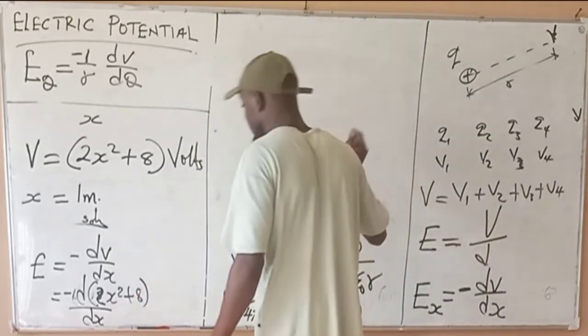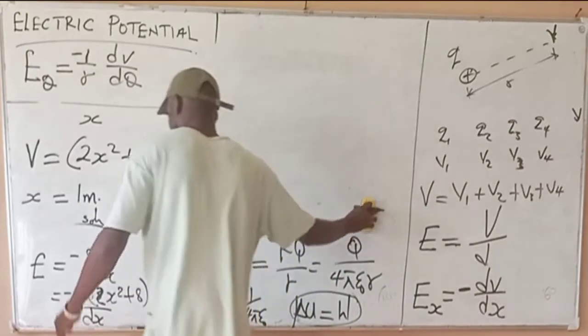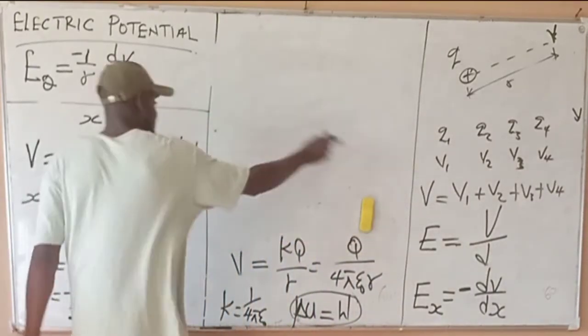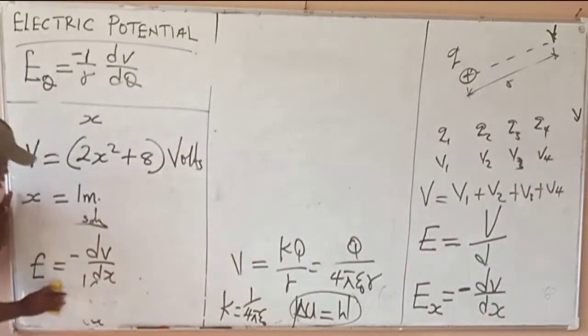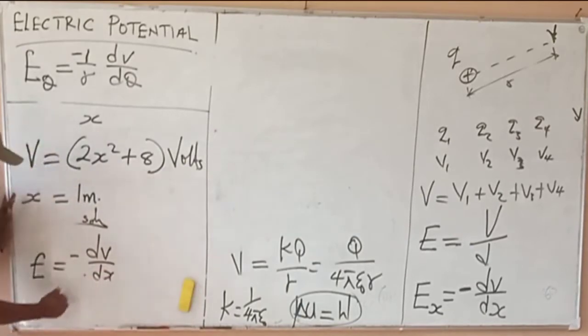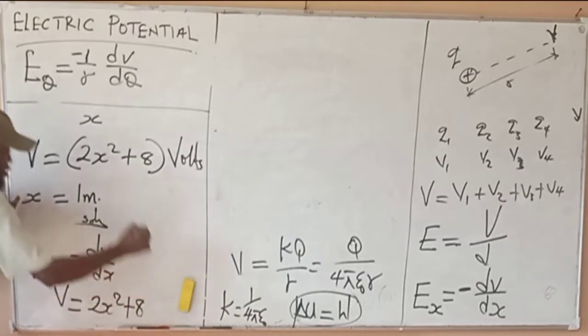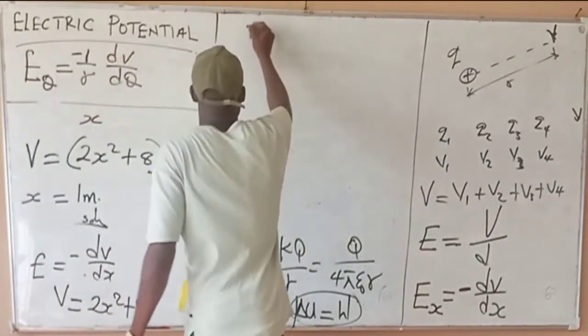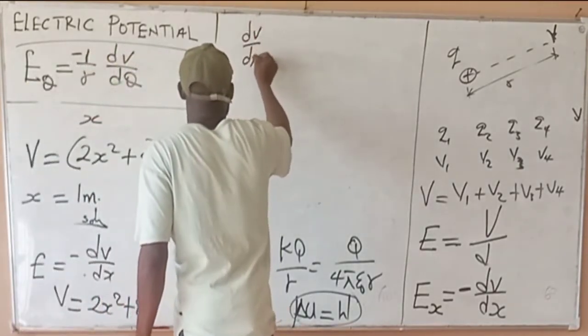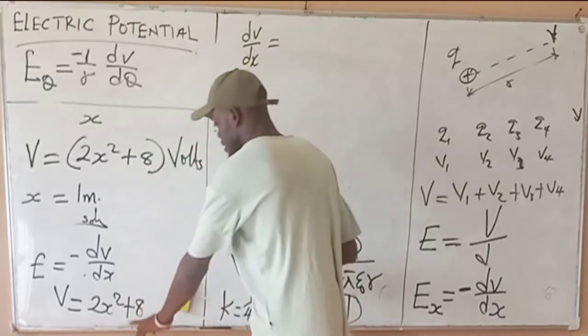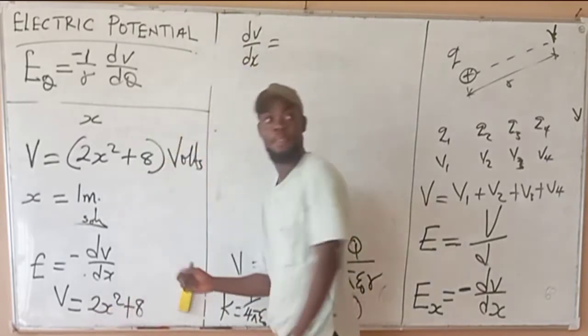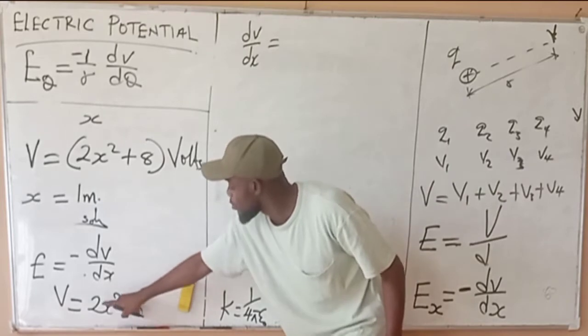Let me write the V out in a good way so that it will not be confusing. V is equal to 2x squared plus 8. What is dV over dx? Now, for 2x squared, you use the power to multiply the coefficient.